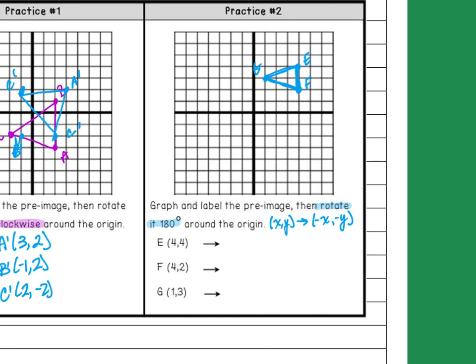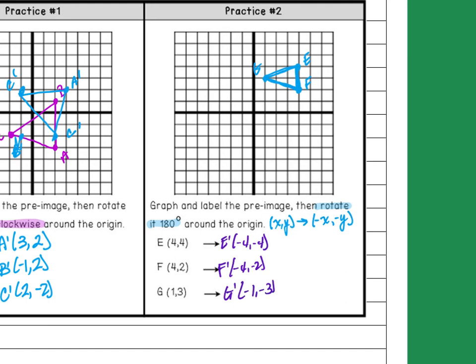Okay. Since it's 180 degrees, I'm just going to change the signs on both of them, and they stay in the same place. So E prime becomes -4, -4. F prime becomes -4, -2. And G prime becomes -1, -3.